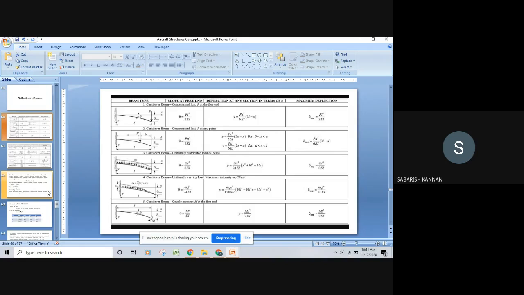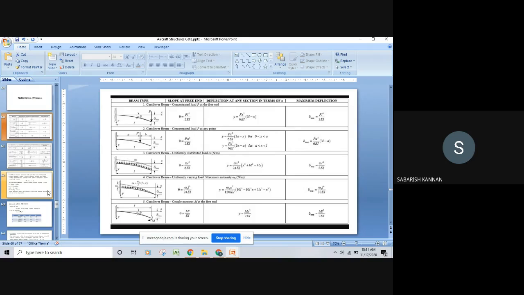And the third one is Young's modulus is the same in tension as well as in compression. So these are the major assumptions followed in solving the deflection of beams, and these assumptions also go with simple bending theory.